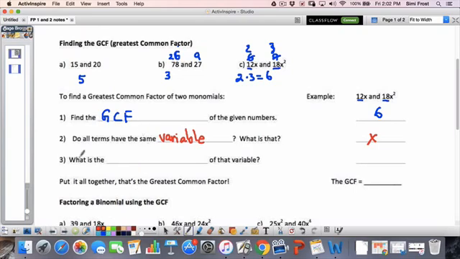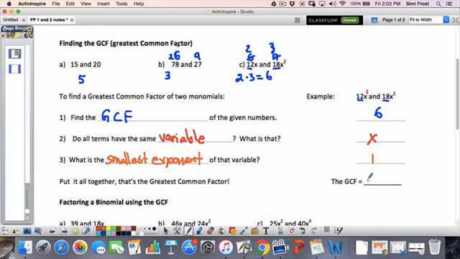And then, what is the smallest exponent of that variable? So looking at this, if there's nothing there, then the exponent is 1. So between 2 and 1, 1 is the smaller one. So 1 is the smallest exponent. Now we're going to put it all together.